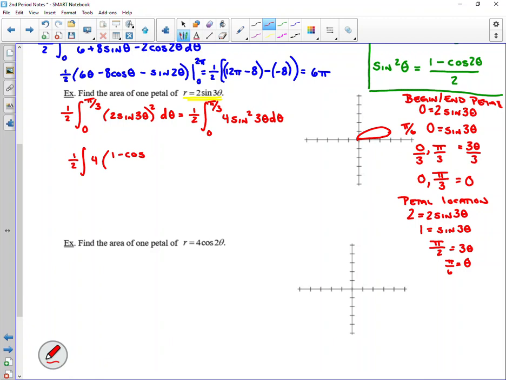But I've got to make this cosine of 6 theta. And then the 4 and the 2 I'll cancel now, and then I'll bring the 2 out. Okay, so that makes it just integral 0 to pi over 3.